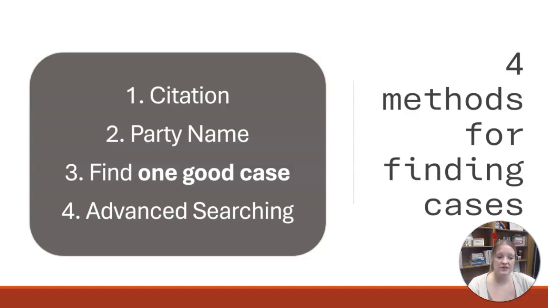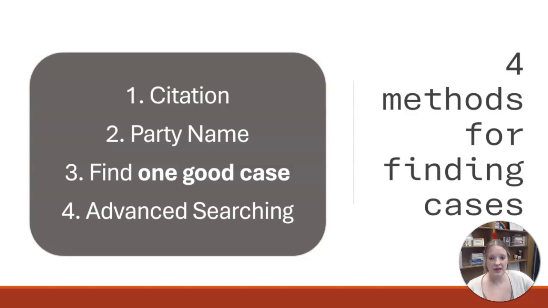You found it cited in another case, in a secondary source, or in the annotations to a statute. So you found it from prior research. Party name. Sometimes you might have the party name and not know anything else, so you can use the party name to search for and locate the relevant case.